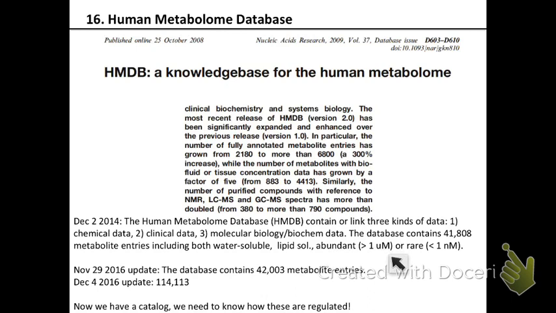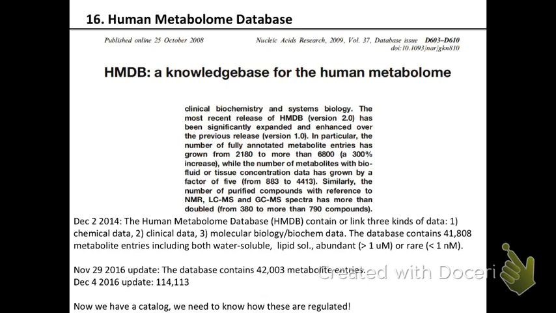Okay, so that was in 2008. In 2017, I just checked it last week, there were about 114,000 entries. So we have a lot of different kinds of metabolites.